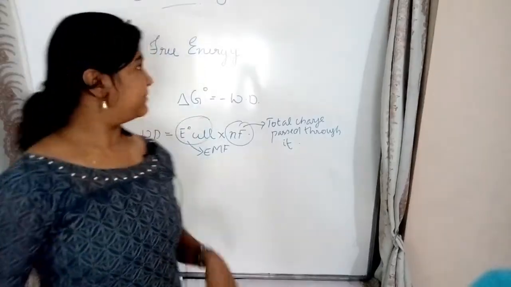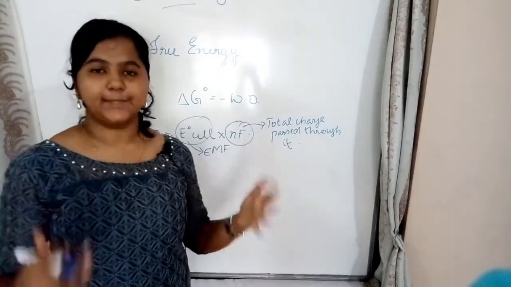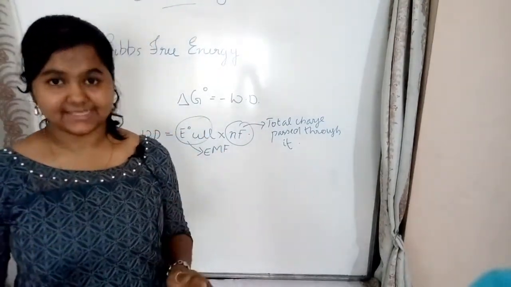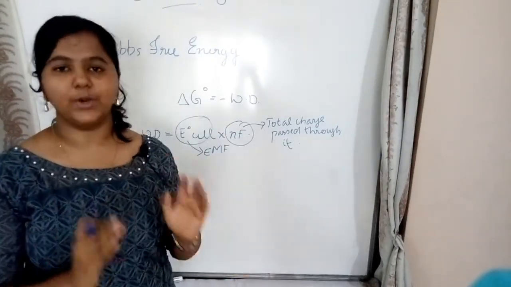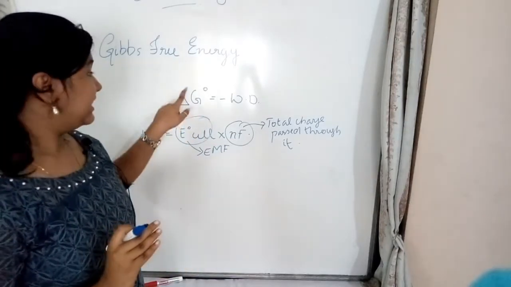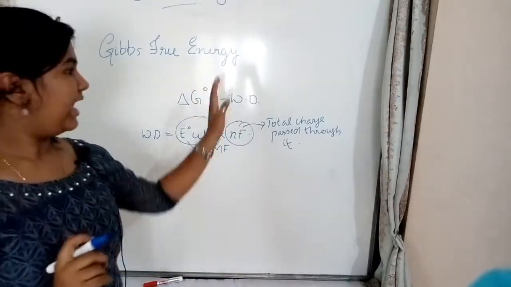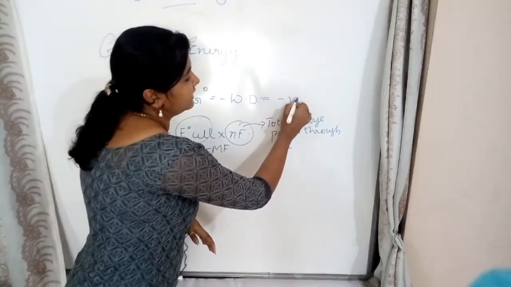Next we are going to discuss the Gibbs free energy of an electrochemical cell. So what is Gibbs free energy? The measure of work done by a cell is known as Gibbs free energy. It is represented by delta G0 and is conventionally taken as negative.